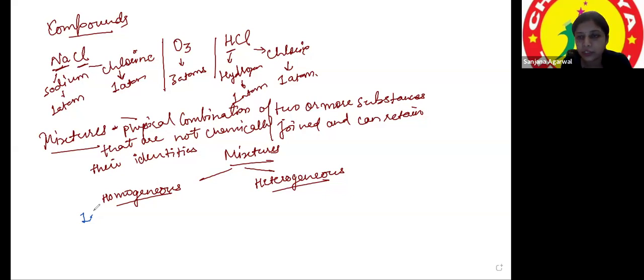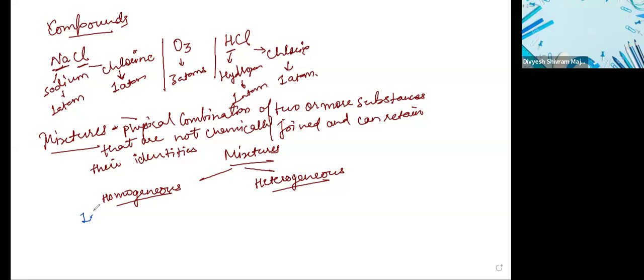Heterogeneous mixtures have a non-uniform composition, or heterogeneous mixtures have mixed composition, which may vary from point to point. Is it okay? Yes, ma'am.